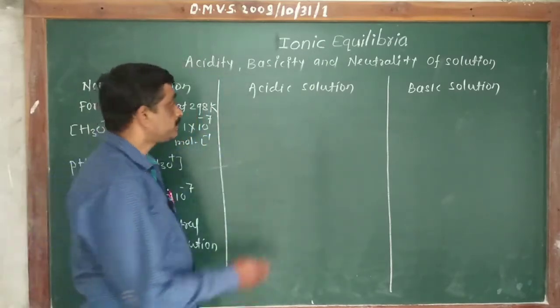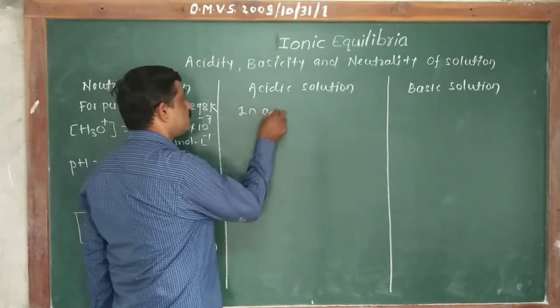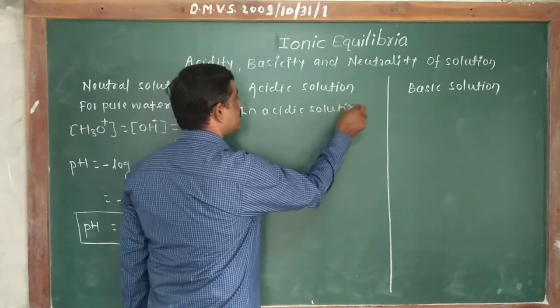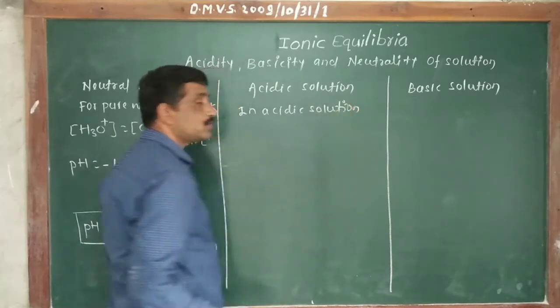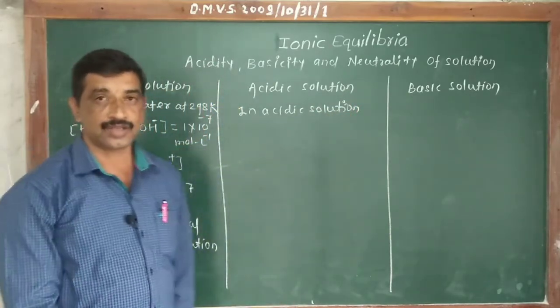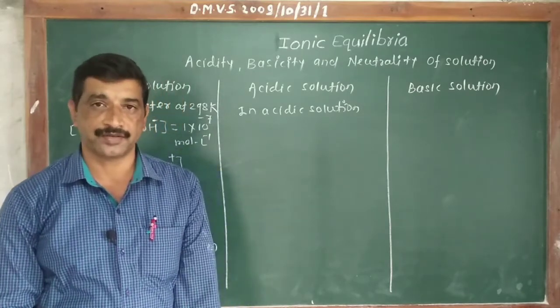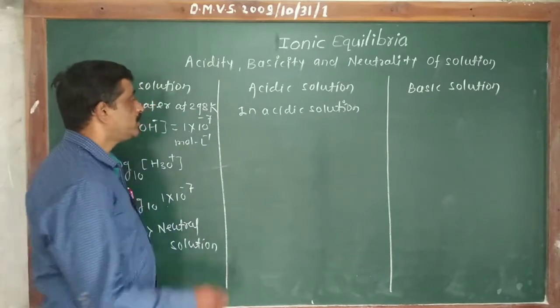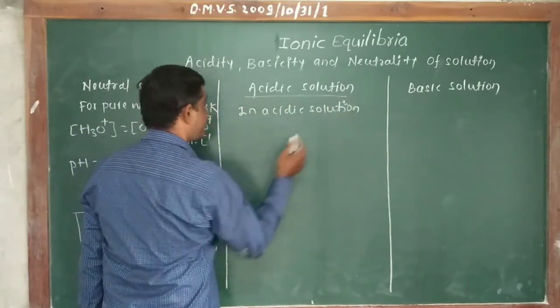So when you consider, suppose, an acidic solution, which solution is said to be an acidic solution? The solution in which the concentration of hydronium ion is greater than the concentration of OH- ions, then we say that solution is the acidic solution.